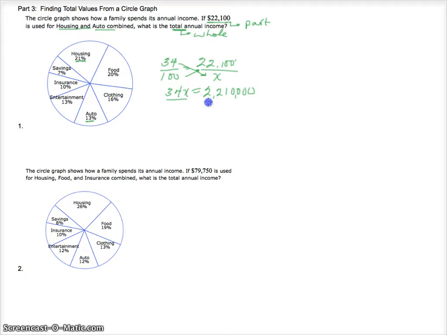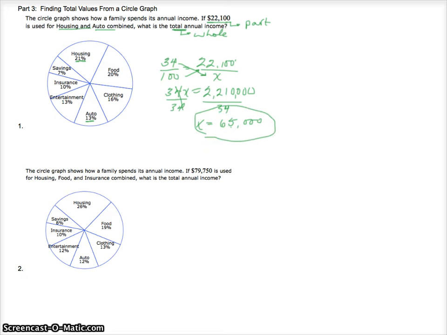So I'm going to have 2,210,000 divided by 34, and x gives me $65,000 for the total income. So just set your proportion up based on what they give you, part, whole, percent, and calculate it up.